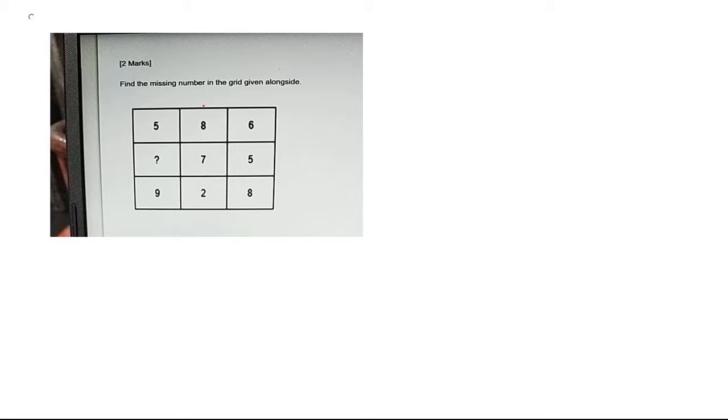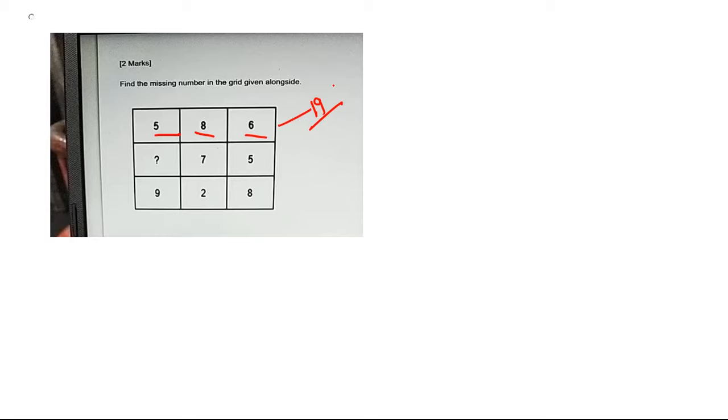Let's see what we are doing here in that particular question. So you can see what we are doing here is that 5 plus 8 plus 6 is giving 93. It's not always that the logic is going to be the same. Obviously the answer will be the same, but you can get this particular answer by applying any logic.